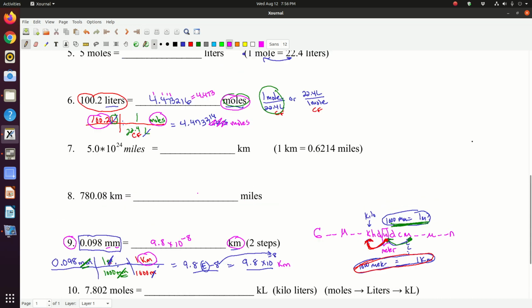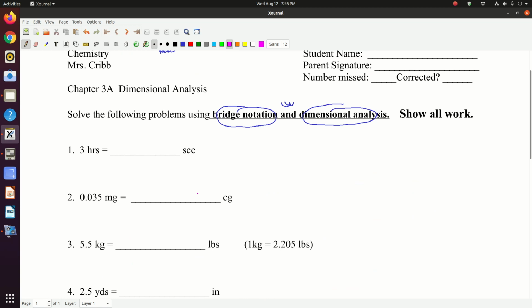Now what I'd like you to do is go back to the top, and you're going to convert hours to seconds. And this is a multiple step process as well. So I'm going to give you a second to do it, and then I will put up the answer for you. Okay, I'm assuming it's done. So let's do this. Well, if you know how many seconds are in 1 hour, you could do this as a 1-step process.